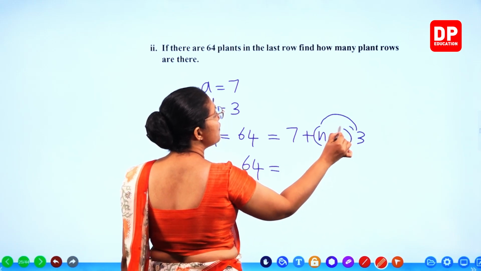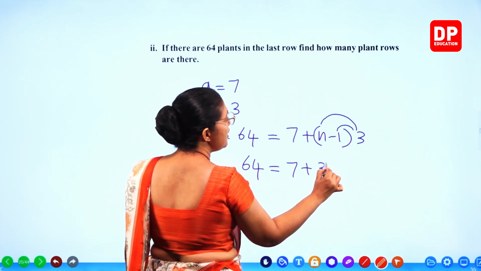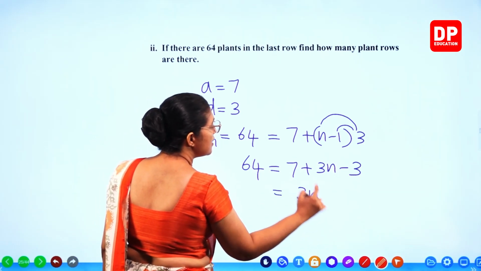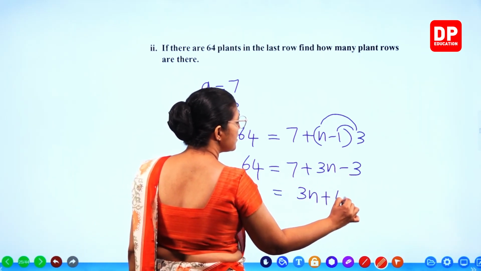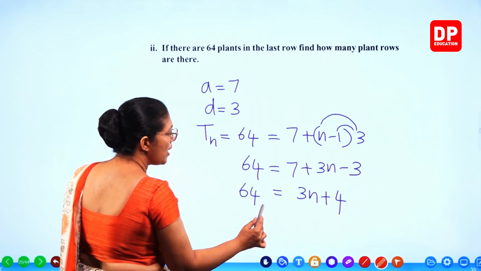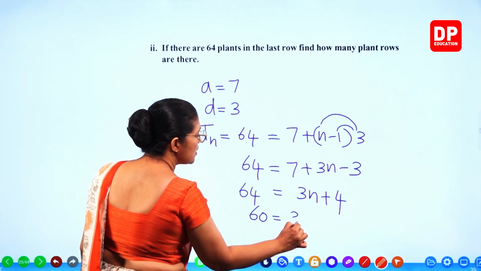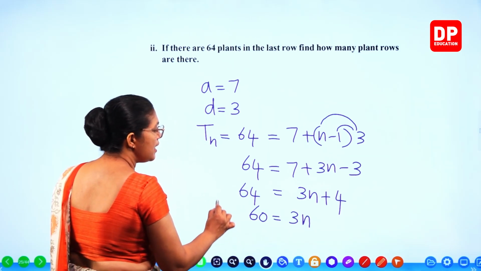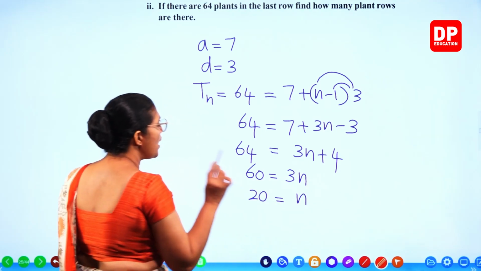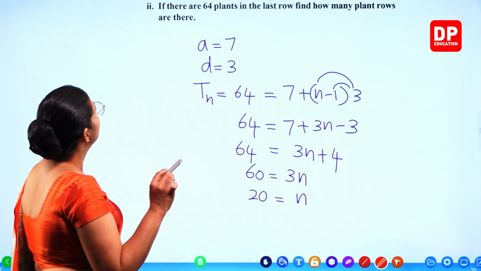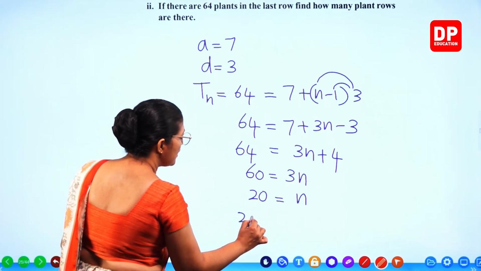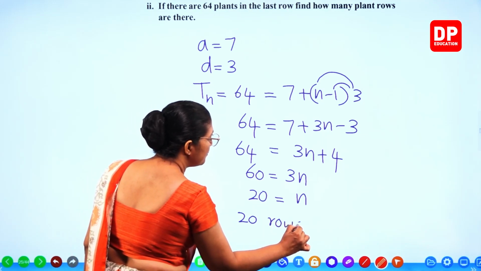First multiply by 3. 3n minus 3. You get 3n plus 4. 7 minus 3. Then take 4 to this side. 64 minus 4 is 60 equals 3n. Divide by 3. You get the n value. So there are 20 rows. So altogether 20 rows are there.